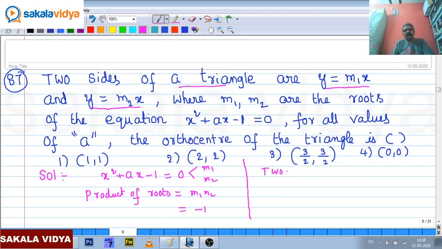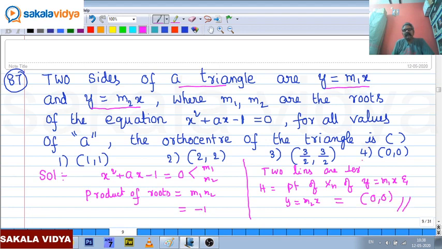Two lines are perpendicular means orthocenter is equal to the point of intersection of the perpendicular lines, y is equal to m1x and y is equal to m2x. Both pass through the origin. That's why 0, 0 is the orthocenter. Fourth option is the answer. Okay.